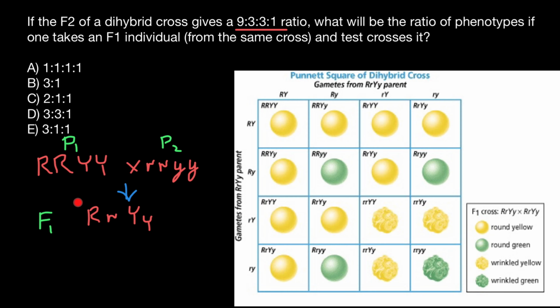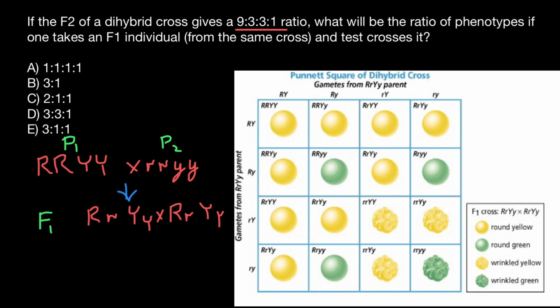So only one genotype and only one phenotype is possible, which is all peas are going to be round and yellow. And when we self-pollinate these plants, that means we cross with the same genotype, capital R, small r, and capital Y, small y, this would result in this F2 generation.